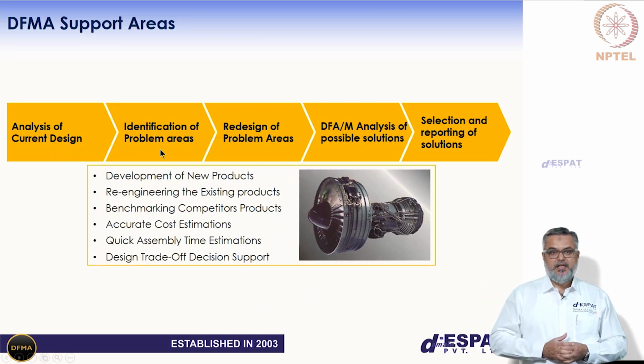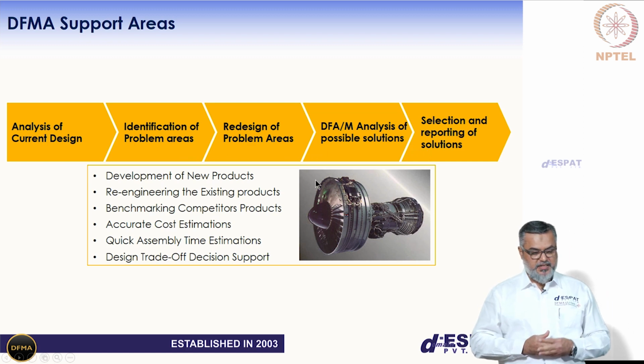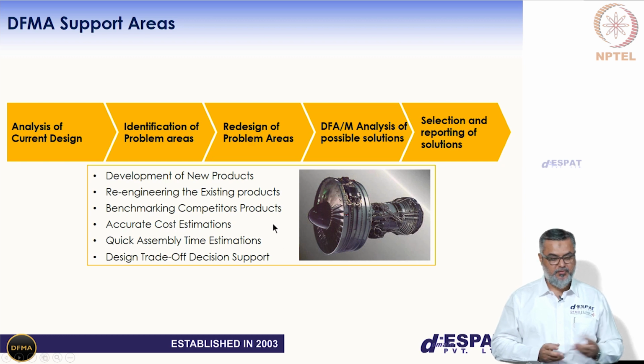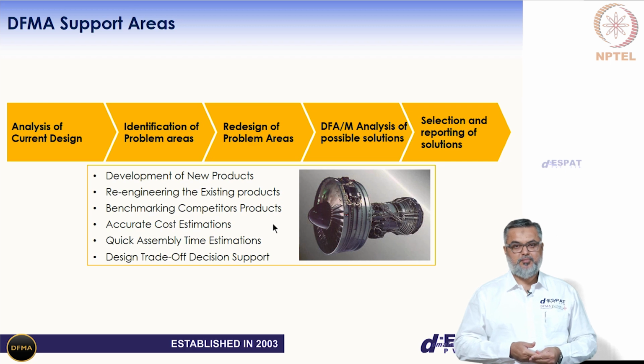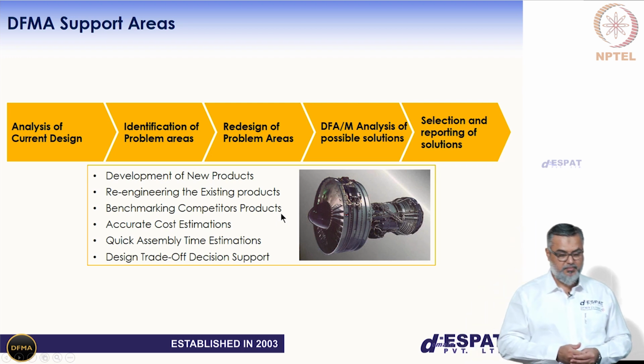I would like to conclude saying what are the areas where design for manufacture supports. Basically, if you take any product, these 5 steps is what one would visualize in doing the review of the product. One is analyze your current design, identification of what the problem areas are, which fairly depends on the creativity of the team that is investigating this problem.